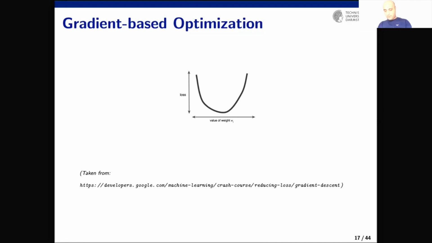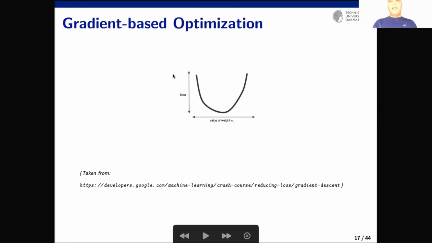So the intuition behind gradient-based optimization is something like this. Let's assume that we have a figure like this, and the x-axis shows the value of weights or parameters that we have, and the y-axis shows the value of the loss for each given weight.